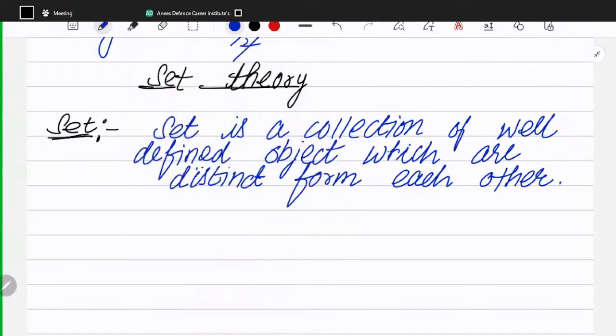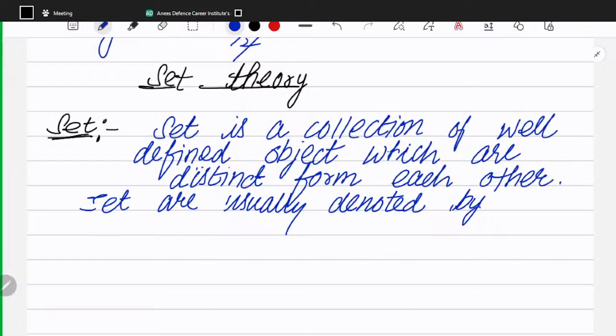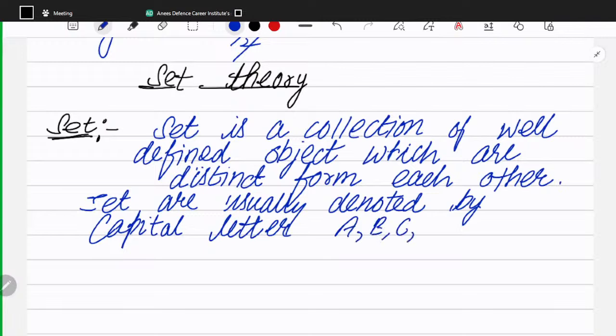And in addition, in this definition, sets are usually denoted by capital letters: capital A, capital B, capital C, and so on.